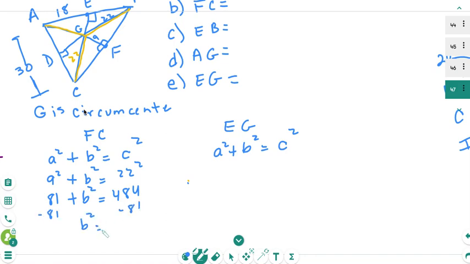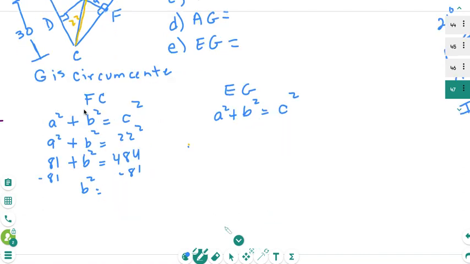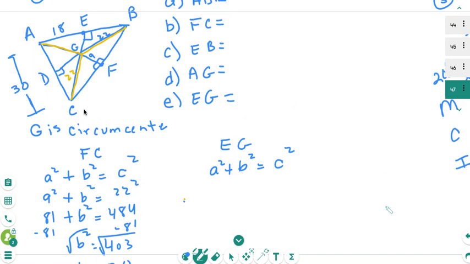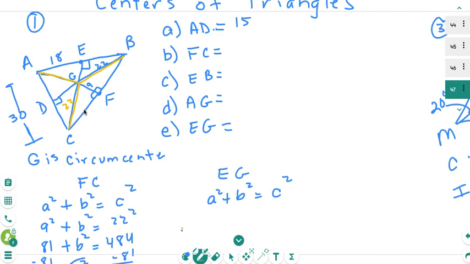B squared is going to equal 403. Square root b squared, and we get b is equal to 20. So that means that FC is going to be 20.